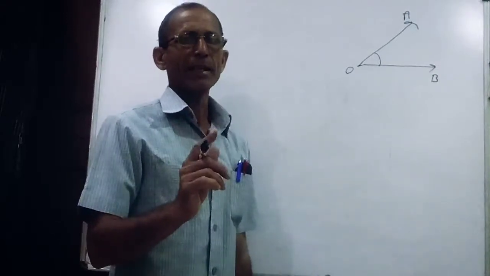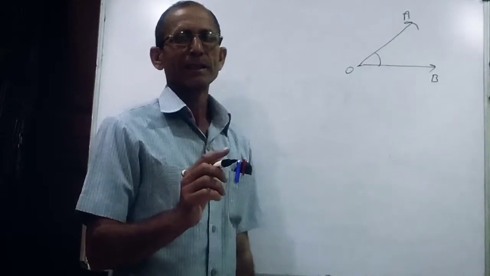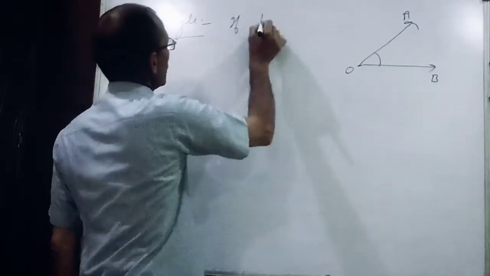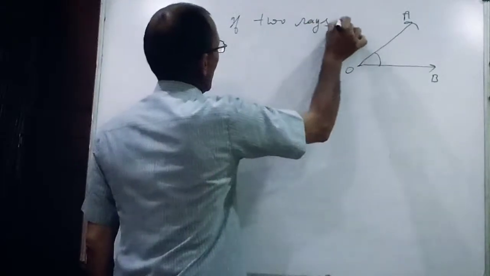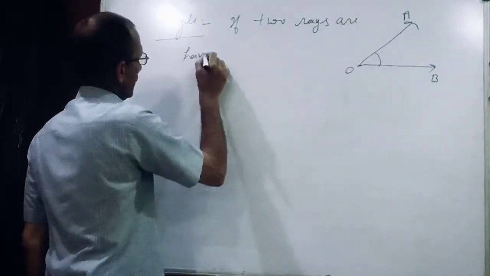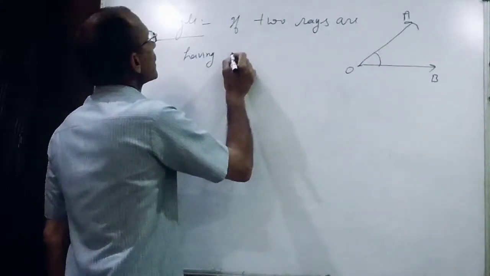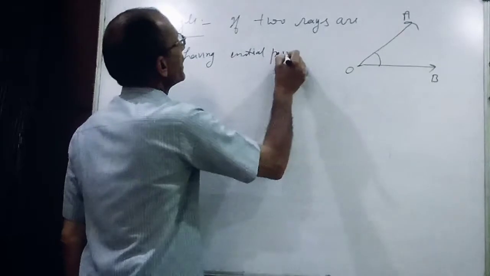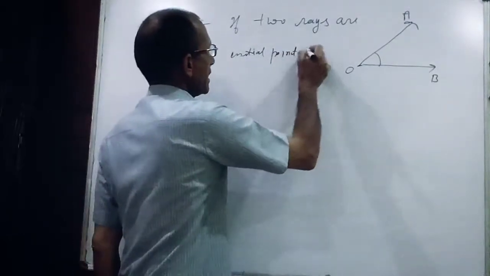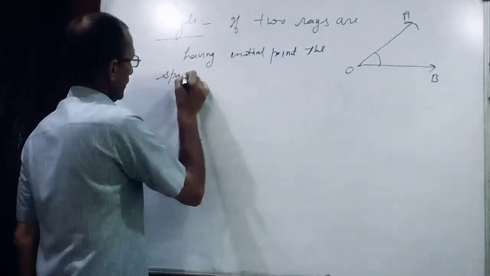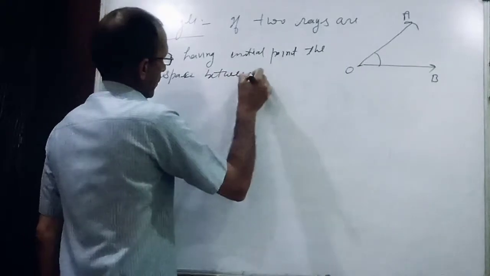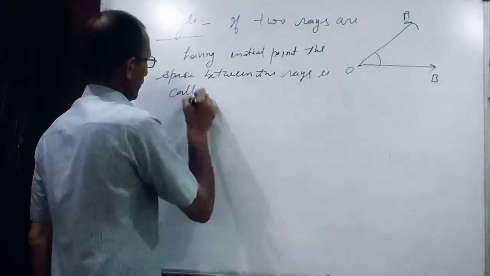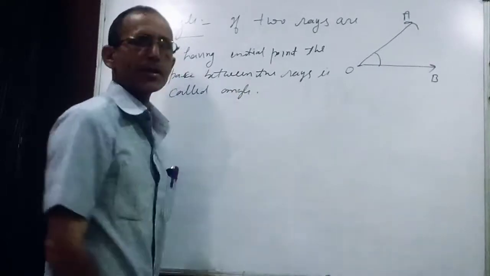If two rays have an initial point, the space between the rays is called an angle.